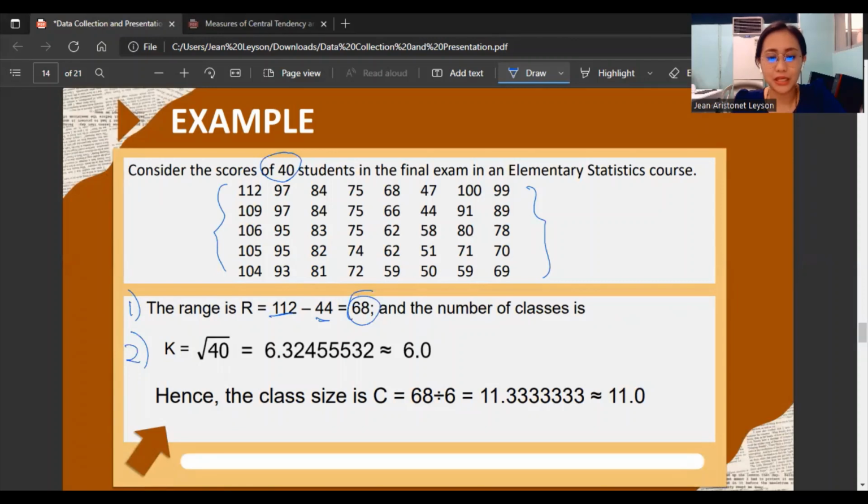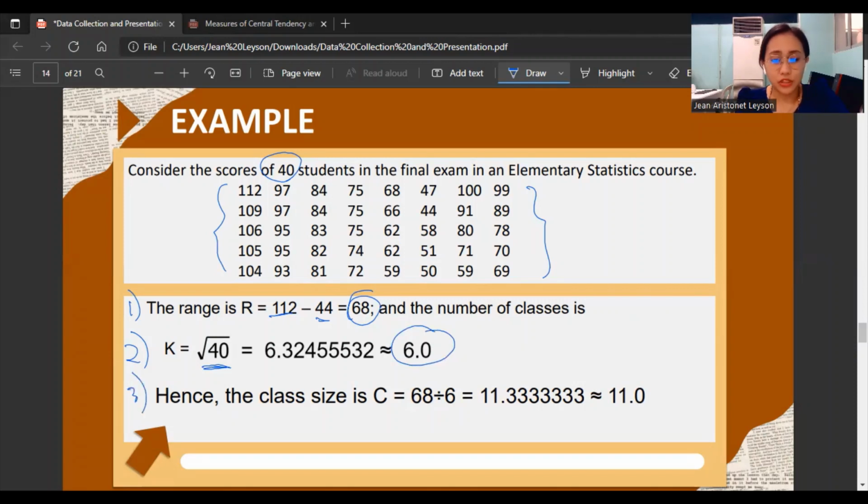So that's simply the square root of 40. And again, based on the rule, the number of classes should be a whole number. So the square root of 40 is approximately 6.32. If you round that to the nearest whole number, that is approximately 6.